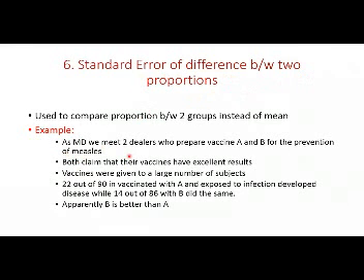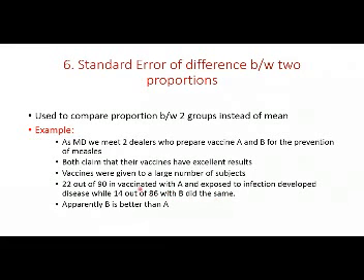An example. As medical director, we meet two dealers, two pharmaceutical companies who prepare vaccine A and B for the prevention of measles. Both claim that their vaccines have excellent results. Vaccines are given to a large number of subjects. 22 out of 90 vaccinated with A and exposed to the infection developed the disease, while 14 out of 86 with B did the same.